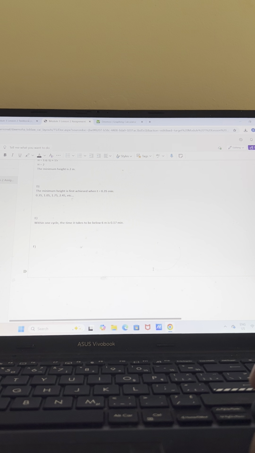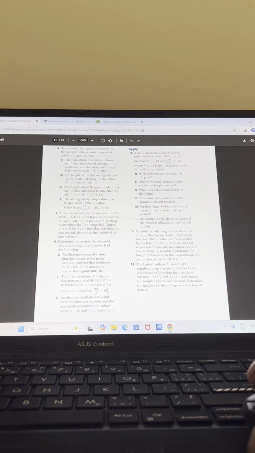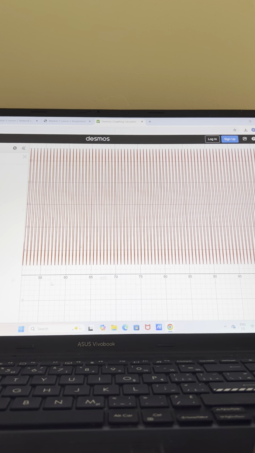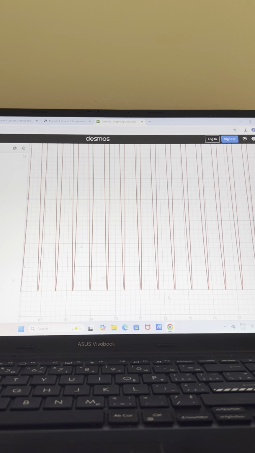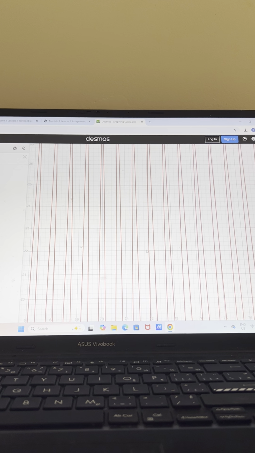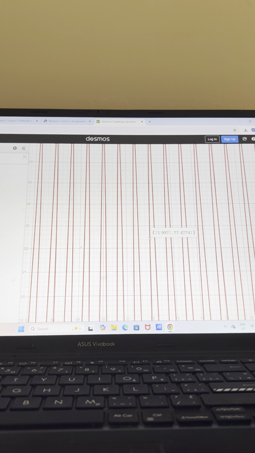Okay, and now moving on to F. Determine the height of the point if the wheel is allowed to turn for 72 minutes. 1 hour and 12 minutes equals 72 minutes. So we're going to find 72 on our graph. Here's 72, and we want to be very exact.